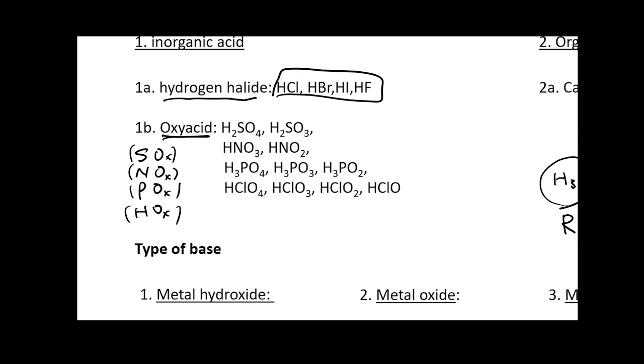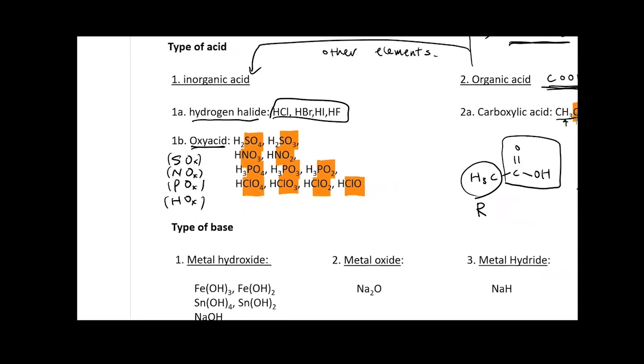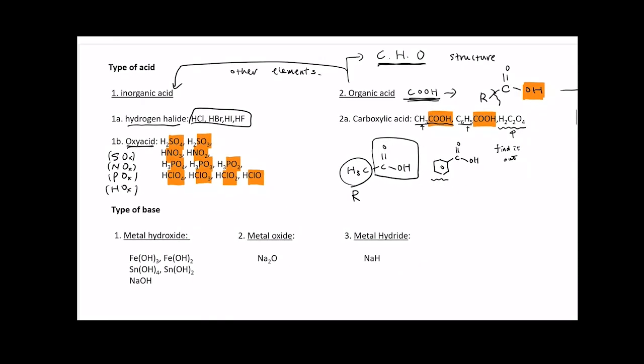For example, H2SO4: you have SO4, SO3, NO3, NO2, PO4, PO3, PO2, ClO4, ClO3, ClO2, and ClO. Those are the typical features that, once you see them in your chemical structure, you know it belongs to the acid group. These are the key features. Every time you see a chemical structure, you can predict that it is at least an acid.